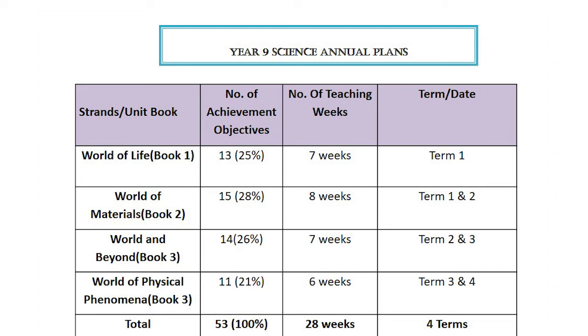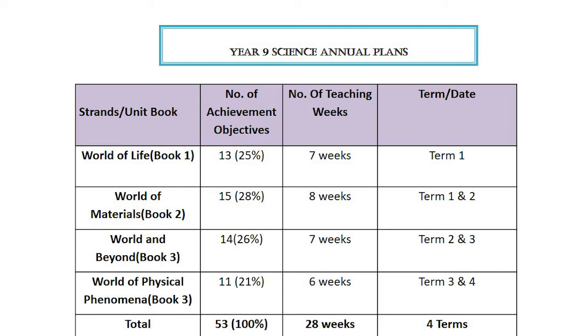Your teaching should follow that one. For this table you have the strands or the units. On this column, you list down the strands. So strand 1, World of Life, 2, World of Materials, the third one, Earth and Beyond, and the last one, World of Physical Phenomena. That's the column of the strands or major topics.